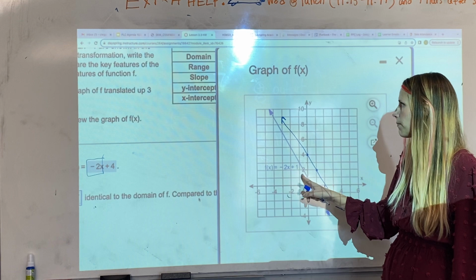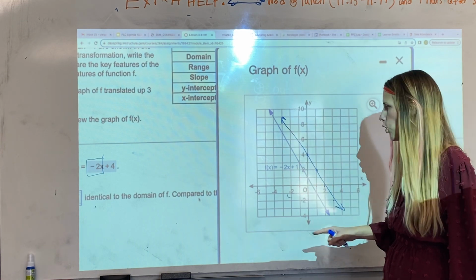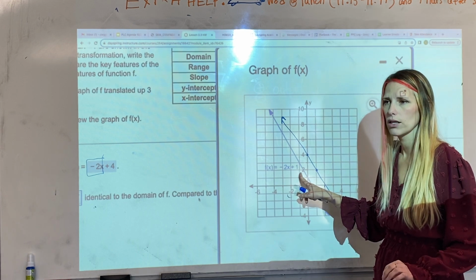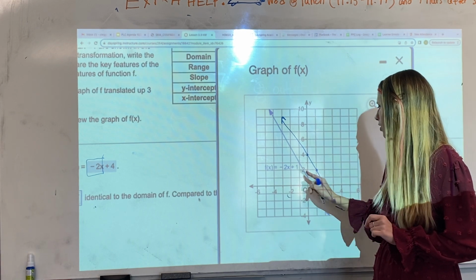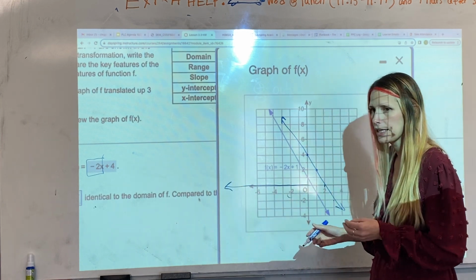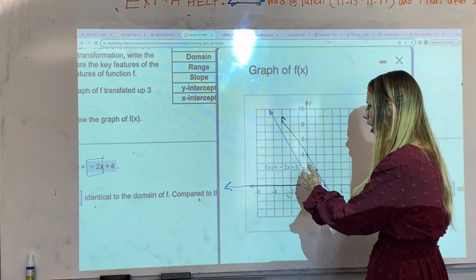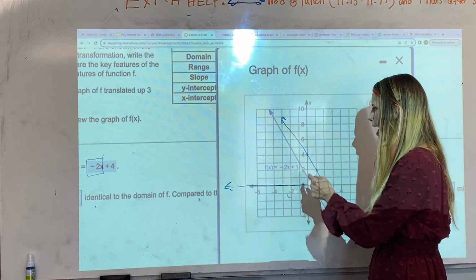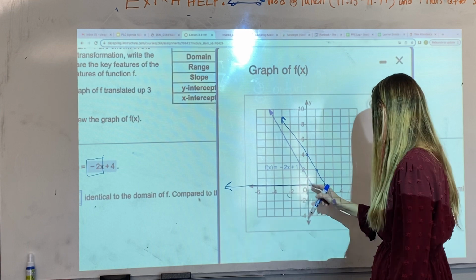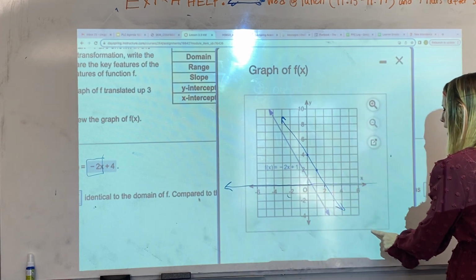Let's talk about the first one. It tells us in the table that the domain for this first line that they graphed is all real numbers, meaning all x values will be on this line. Every point on this line will have a negative x value, and every point will have a positive x value.